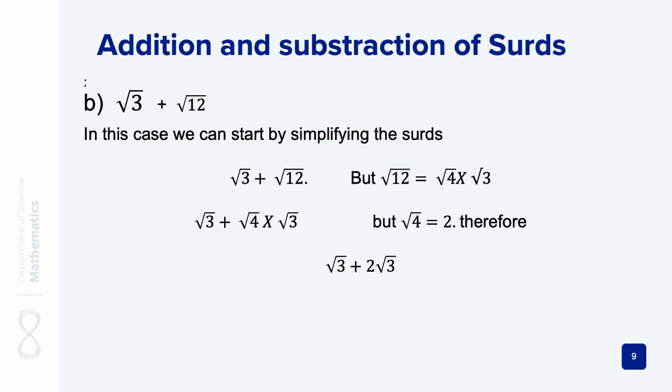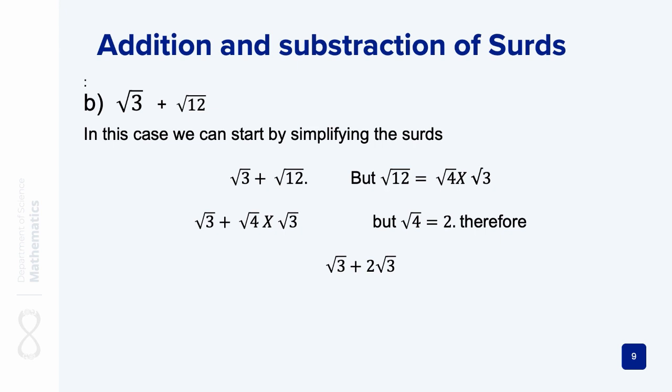So, in this case, we have root 3 plus the 2 root of 3, which we can simplify further. Root of 3 is also equivalent to 1 times the root of 3.